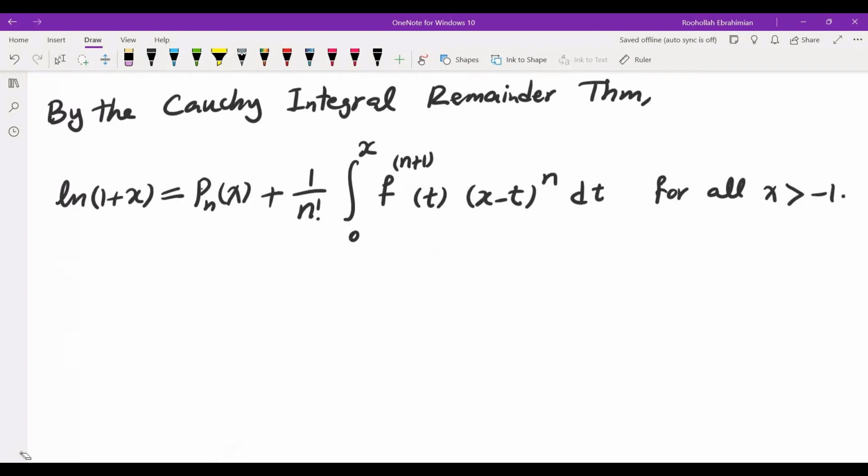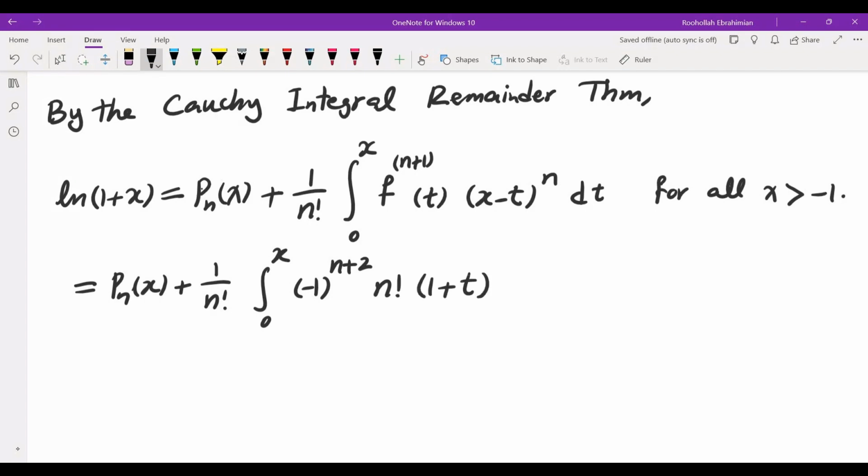So this is equal to Pn of x. Now we're going to substitute fn plus 1. Its integral from 0 to x. Fn plus 1 was -1 to the power of n plus 2 n factorial 1 plus t to the power of n plus 1 times x minus t to the power of n dt.